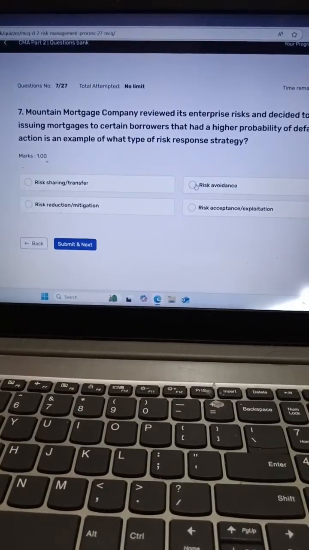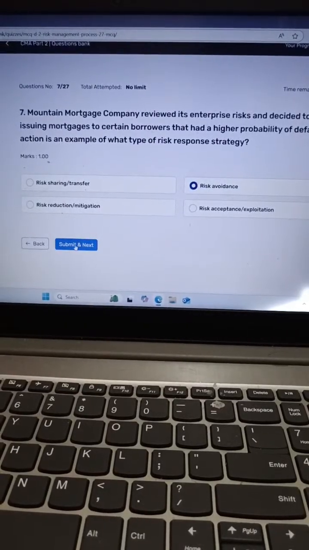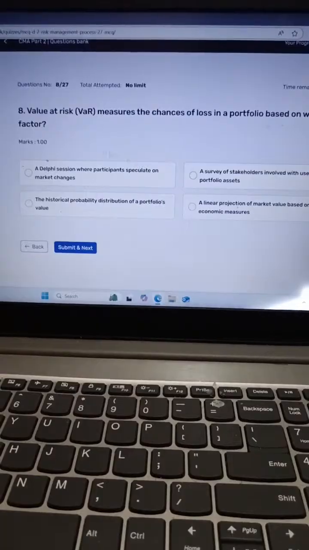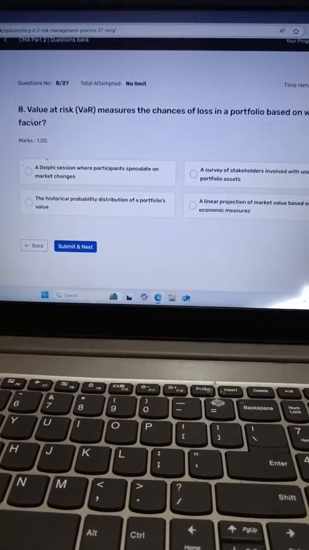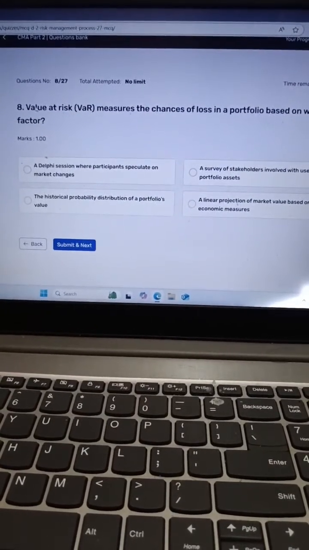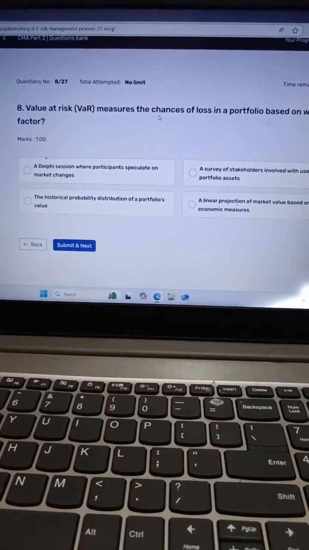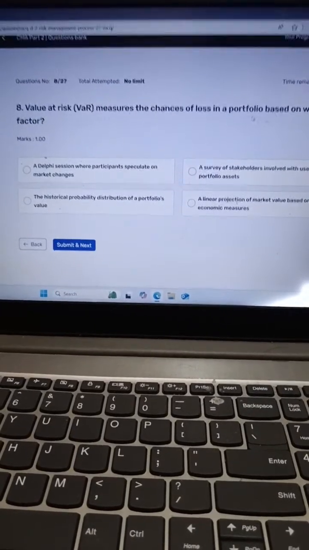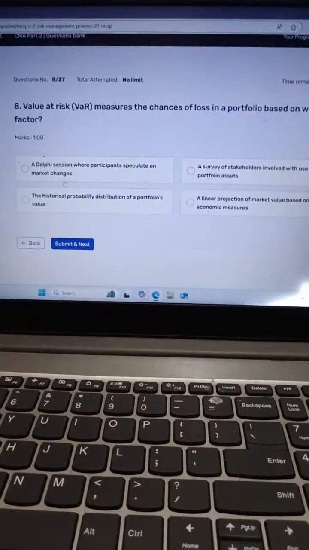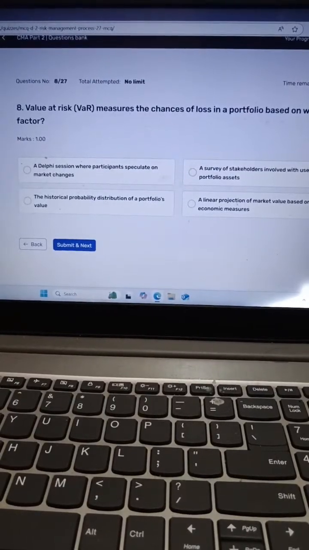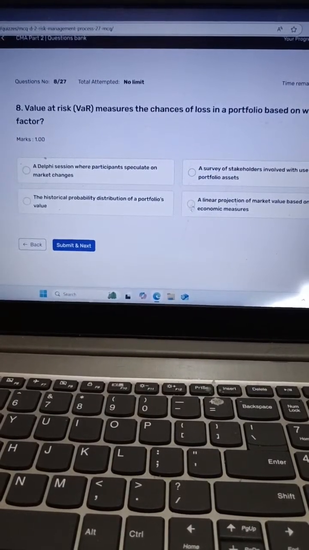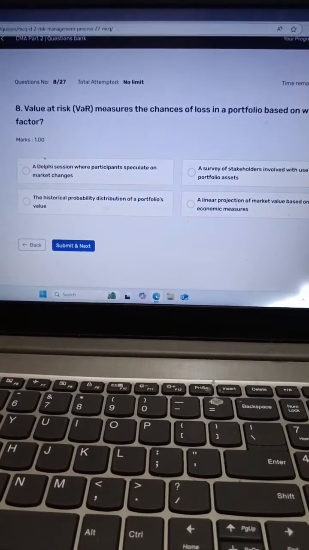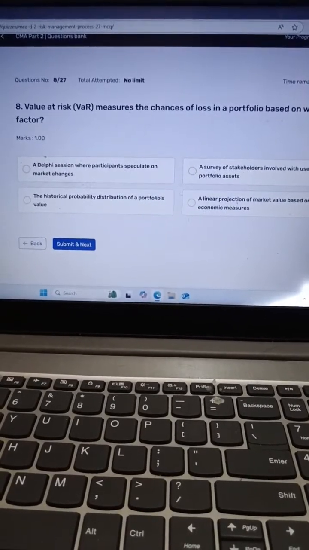This is simple risk avoidance. Some questions are very simple, so just skip that one. VAR, value at risk, is measured as the chances of losses of a portfolio based on what factor? Some of the questions are very easy, and it is better to skip and go forward.